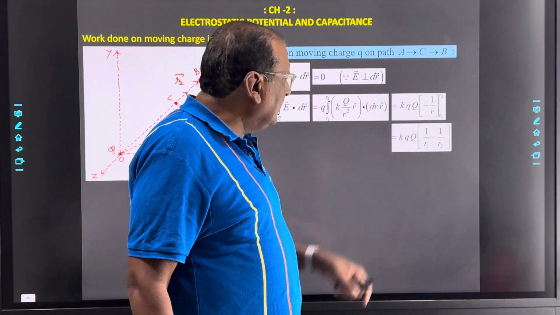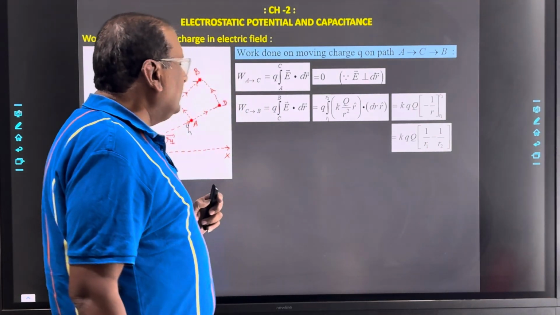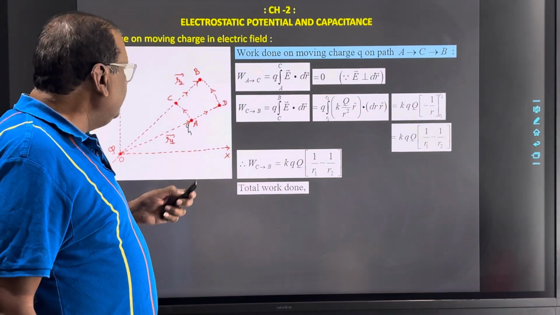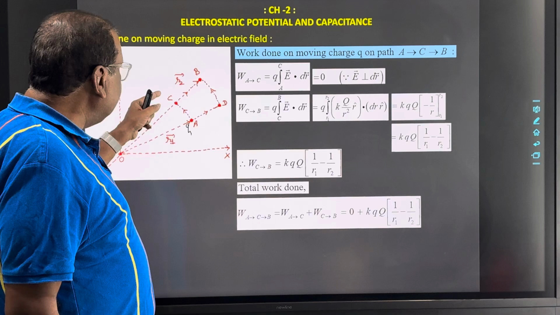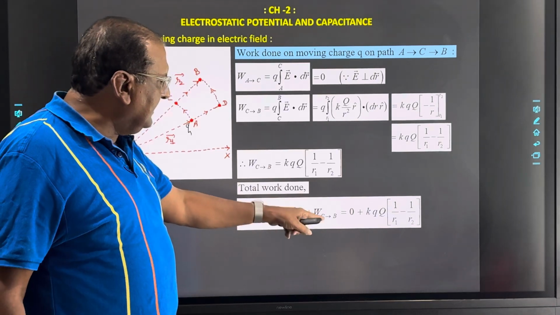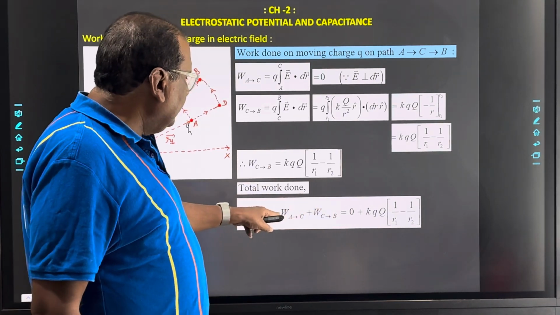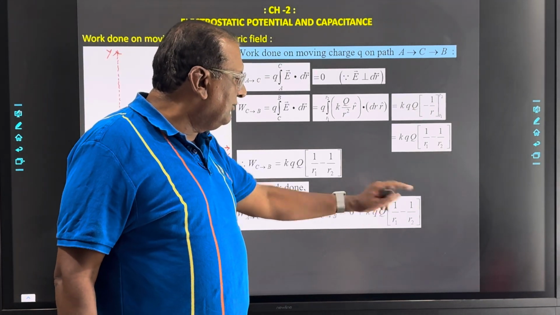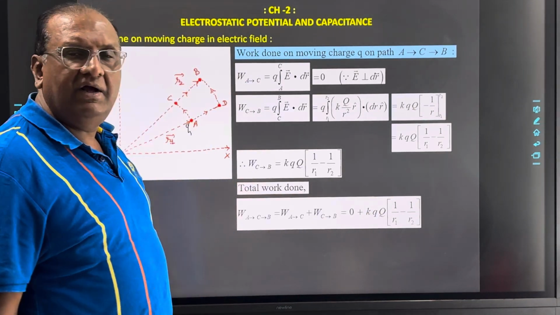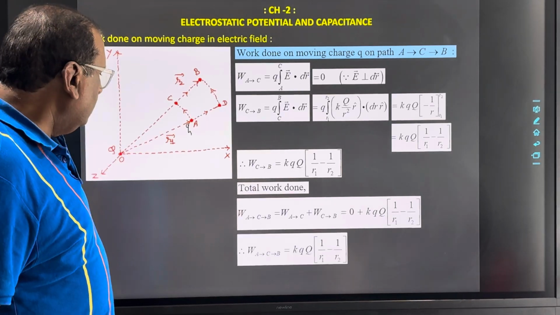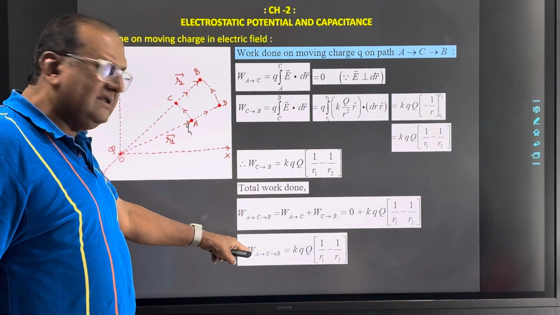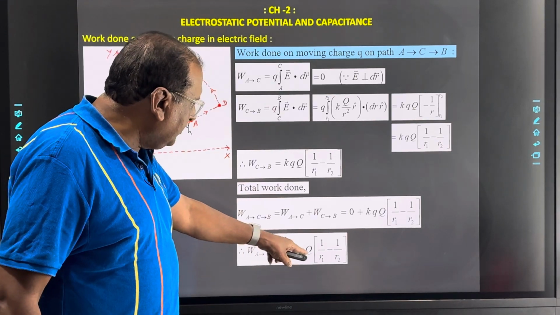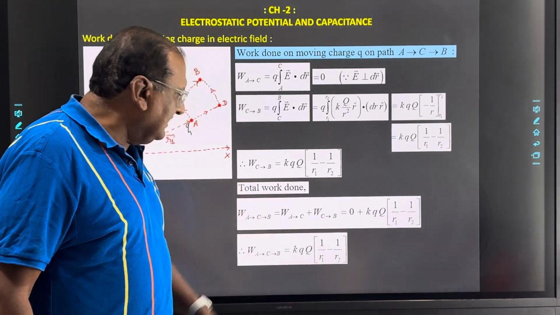So now total work done on moving charge q from A to C, C to B, that is 0 for A to C, then kQq into 1 upon R1 minus 1 upon R2 for C to B. So total work done on the path A to C to B is kQq into 1 upon R1 minus 1 upon R2.